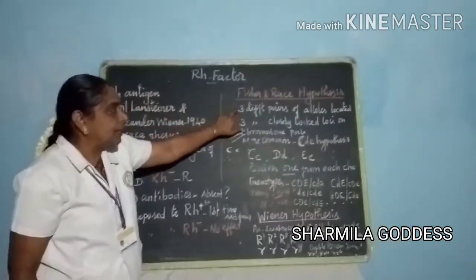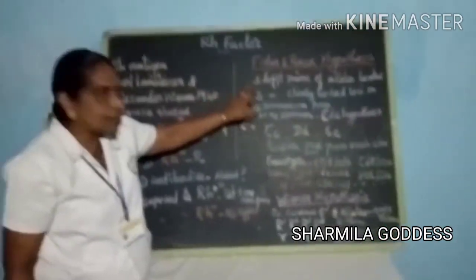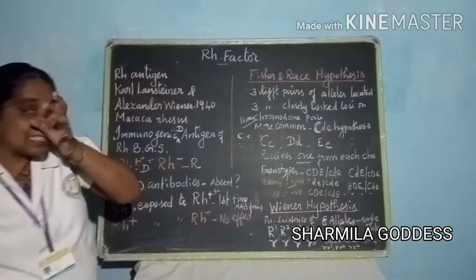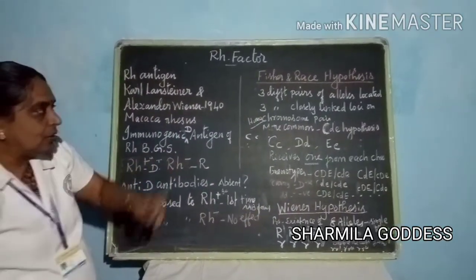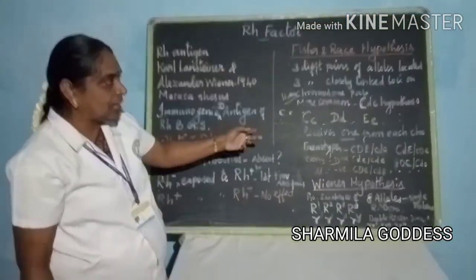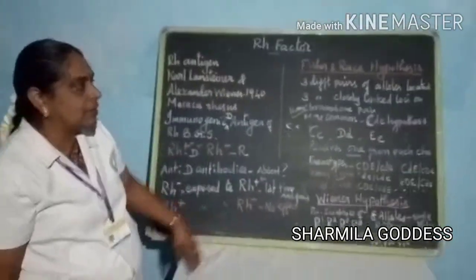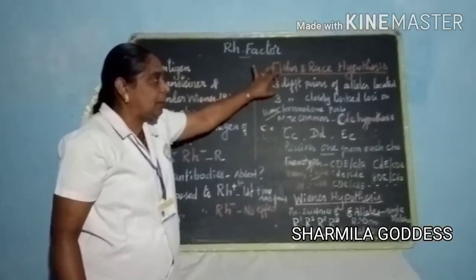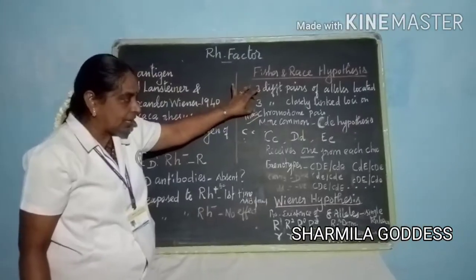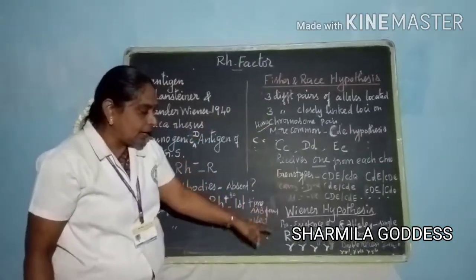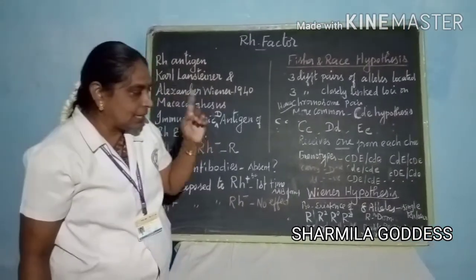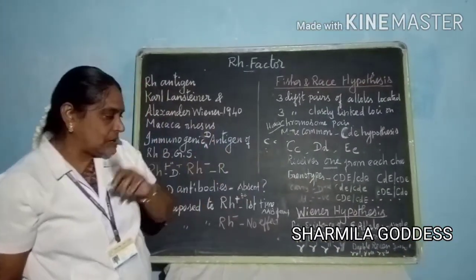Sometimes you may be asked the difference between the Fisher-Race hypothesis and the Wiener hypothesis. In Fisher-Race, three different pairs of alleles are located at three closely linked, different loci. Here there are 8 alleles present at a single RH locus.